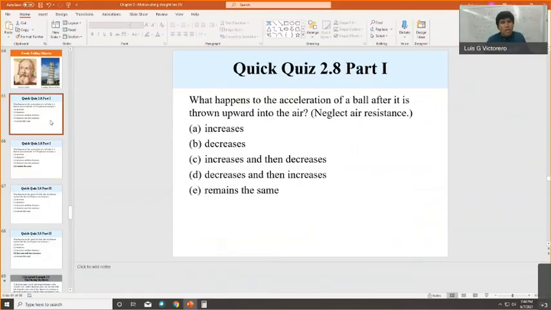Let's start with this. What happens to the acceleration of a ball after you throw it upward in the air? Increases, decreases, or remains the same? What's the acceleration of a ball in the air? If you throw a ball right now, why does it come back to your hand?